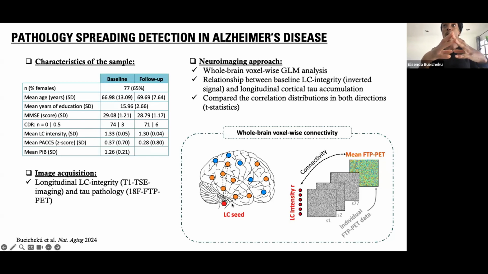We could have used many different graph theory metrics. For instance, if you have the different voxels that collected the structural information of the LC, you can relate these different measures as a matrix to the matrix of each of the individuals that represents the tau PET signal.